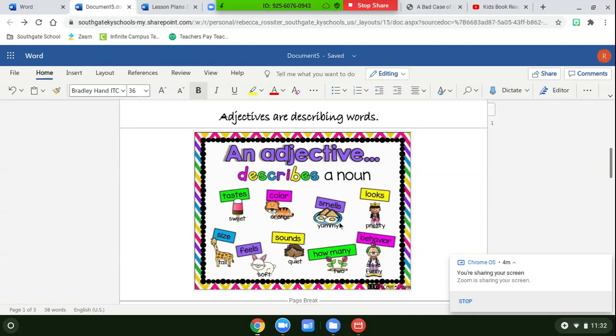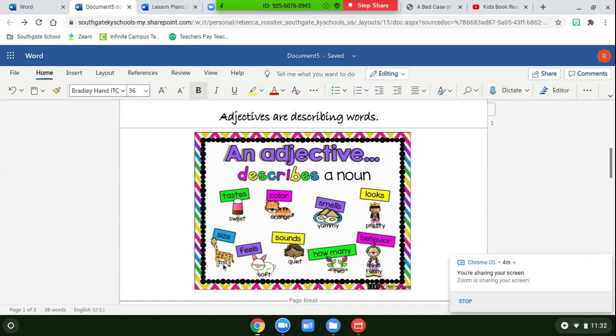We could tell how something smells, like if you wake up and you smell your mom cooking bacon in the morning, you know exactly what that is. It's yummy bacon, okay? We could tell how something looks, and we use adjectives to describe how things look all the time, like the pretty dress, or the brown hair, or my black shirt. Okay, so you can describe how something looks.